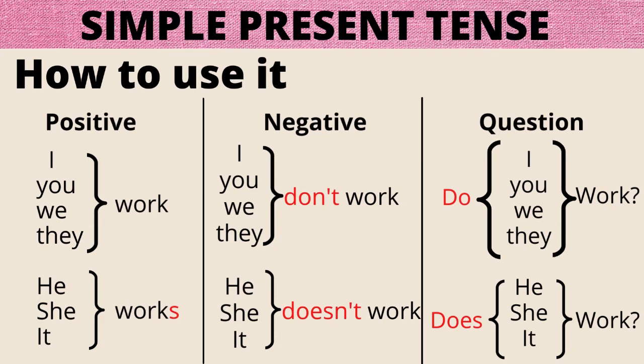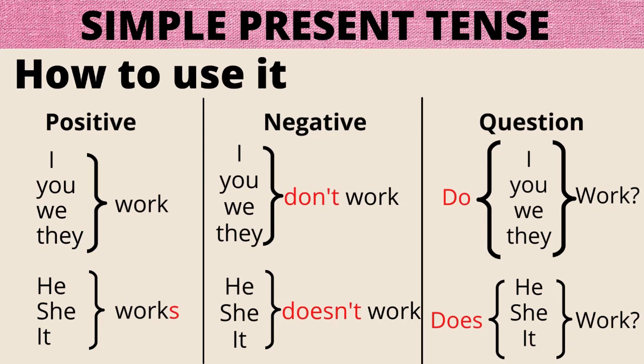Now let's go to the questions. So what happens in the questions? In the question, we also have to use that helping verb do. So we use do with subjects I, you, we, and they. And we use does with subjects he, she, and it. And we have to change the order.